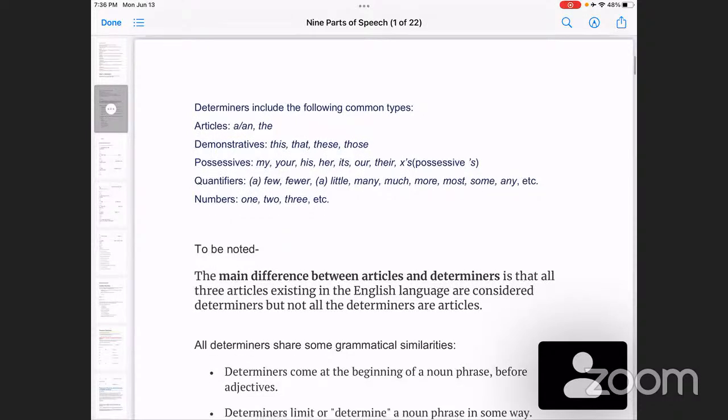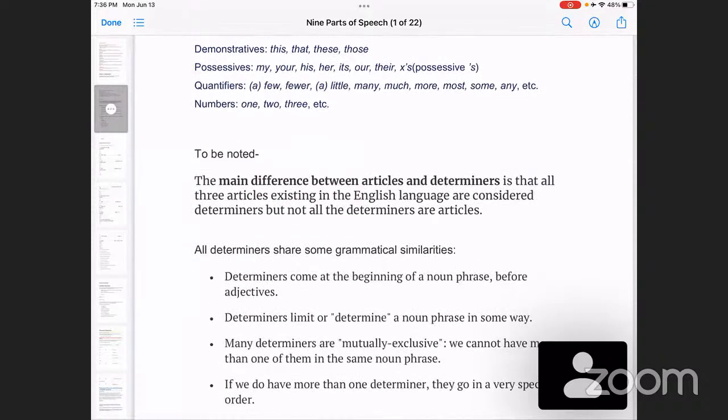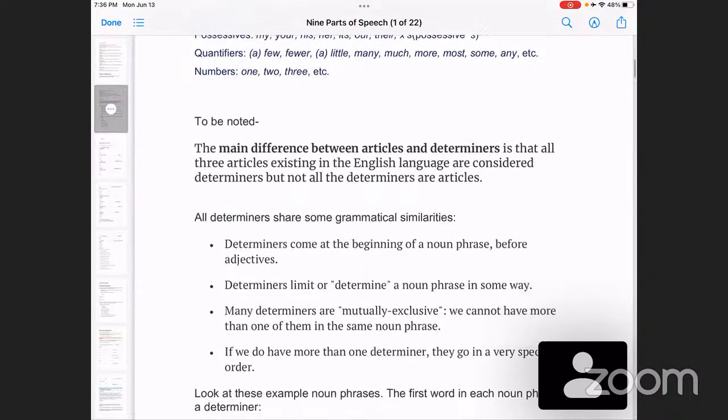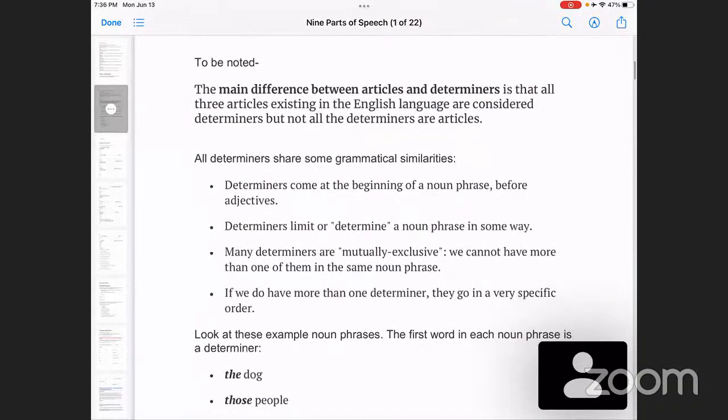All determiners share some grammatical similarities. Determiners come at the beginning of a noun phrase before adjectives. Determiners limit or determine a noun phrase in some way. Many determiners are mutually exclusive. We cannot have more than one of them in the same noun phrase.